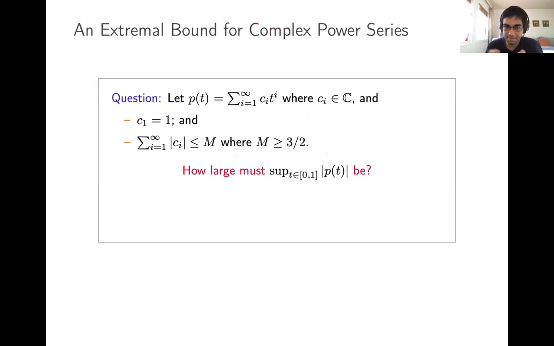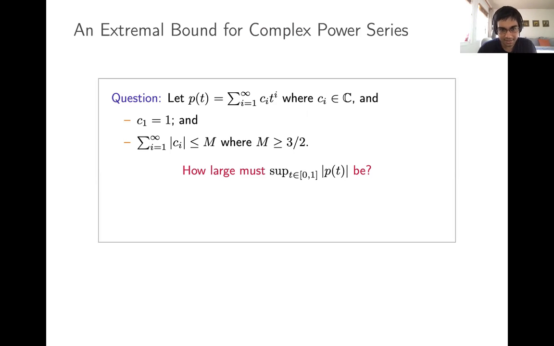More formally, you've got P of t given by this complex power series with C1 equal to 1. And the sum of the magnitudes of these coefficients is bounded by m, where m is at least 3 over 2. The exact value, 3 over 2, doesn't really matter too much. All that really matters is that it's bounded above 1.